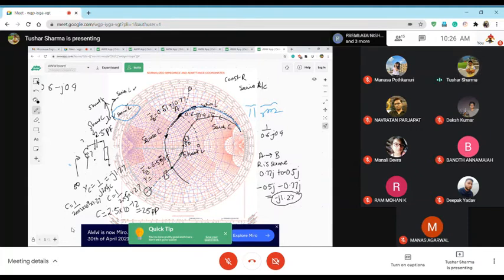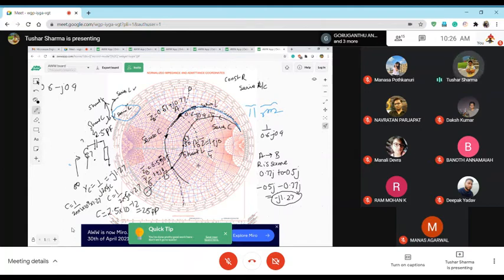So this is 1 plus, it's Y here, YB, and for the Y we will just take this. So it's almost J1 or 0.99. So this is J1. Now we know at this point, say A, your Z is equal to 1 plus J0, and your Y is also equal to that.